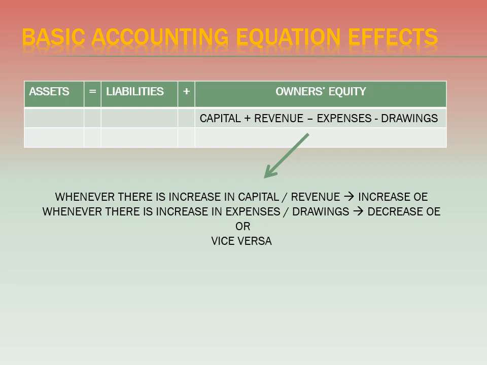Vice versa, whenever there is a decrease in capital or revenue, it will decrease the owner's equity. Whenever there is a decrease in expenses or drawings, it will increase the owner's equity. So you must be able to distinguish the increase and decrease of owner's equity here.